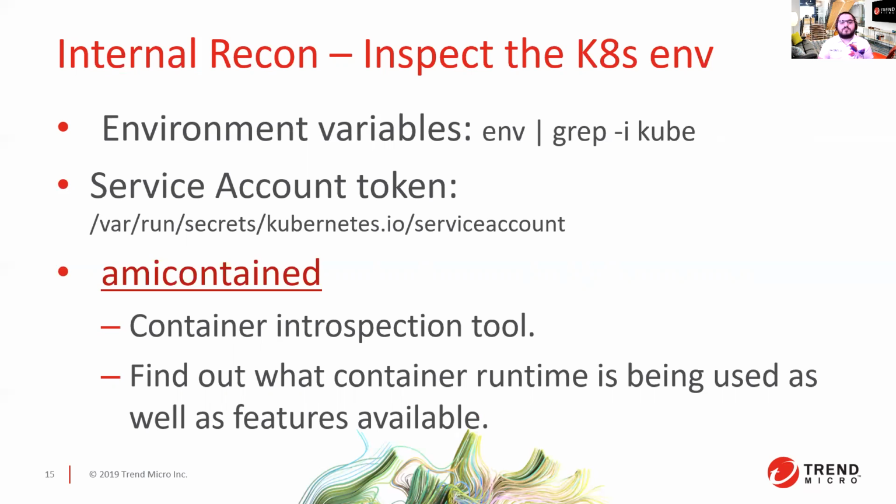One of the first things that you can check is the environment variables, right? By typing that command there, you can see if there are environment variables related to Kubernetes. That might show the Kubernetes API server, the ports and everything, right? You also have the service account token, which every pod on the cluster has, right?